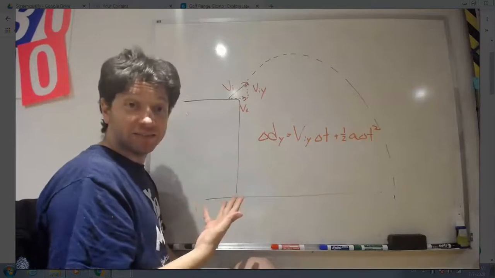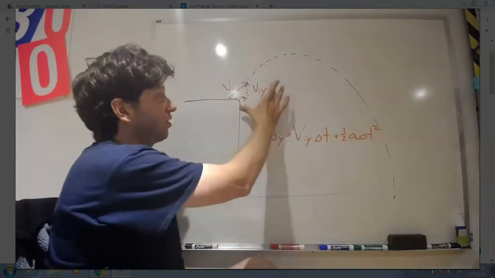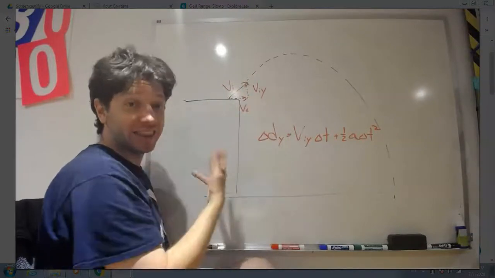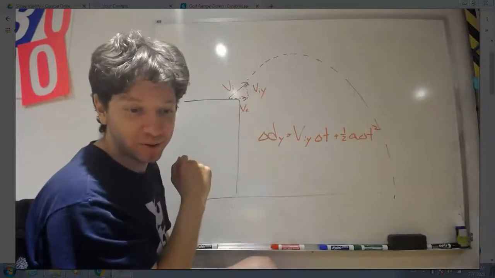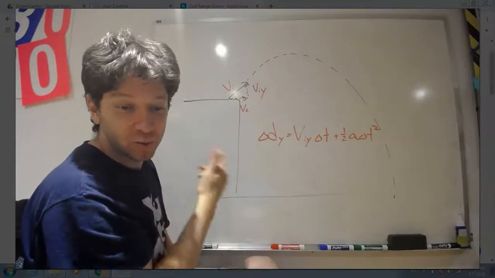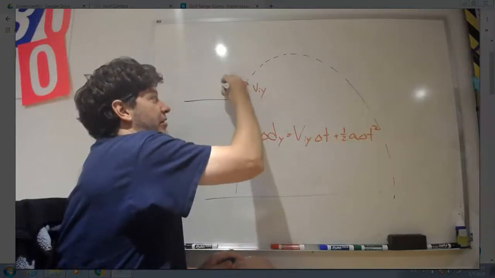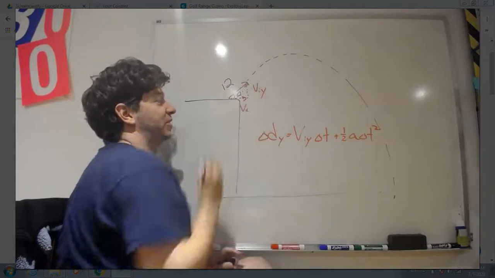So try that. Draw a picture of it, write all your given information down, solve for your components. Okay? And then once you have your components, because the question doesn't give you their components, the question just says 12 meters per second, so this is 12, 42 degrees above the horizontal, so that's 42 degrees.